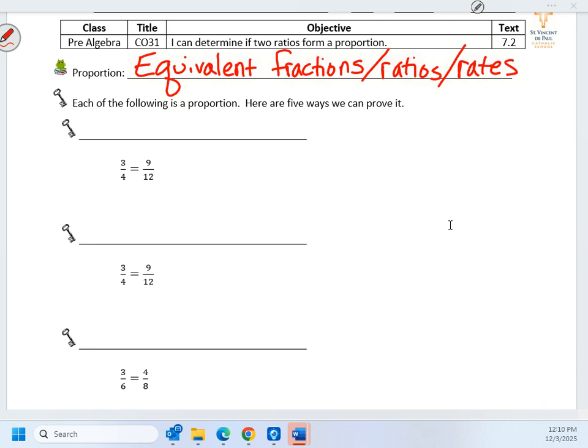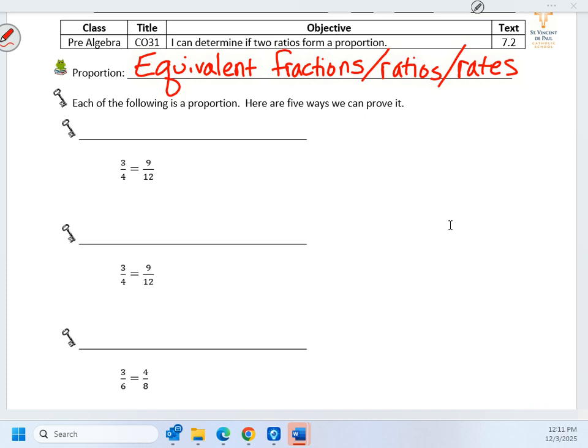So each of the following is a proportion. We're going to look at 5 different ways that we can prove they're a proportion. And when we're doing our work, we're going to decide which way we're going to use to prove it, because some ways will work for certain things and some ways won't work. So you have to know which one we're going to use each time.